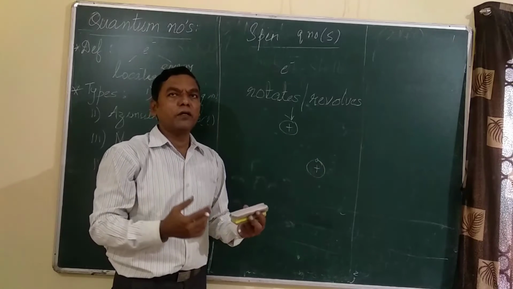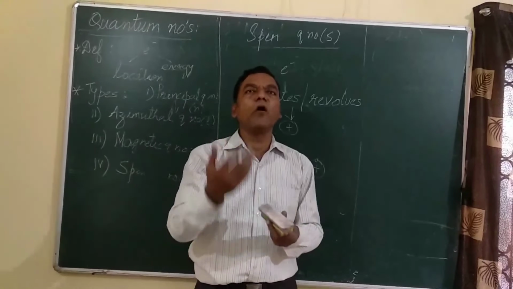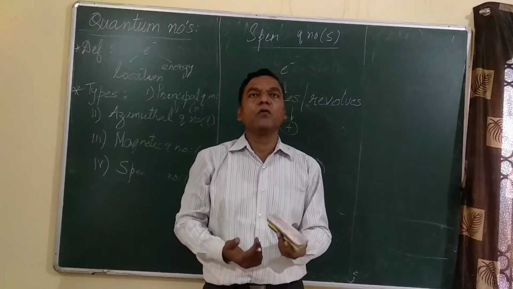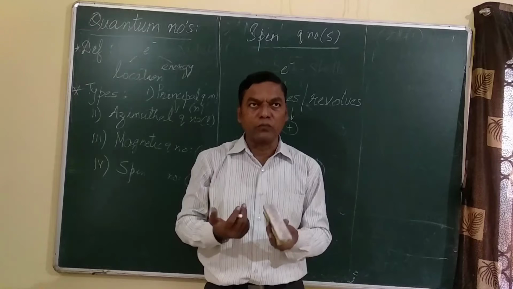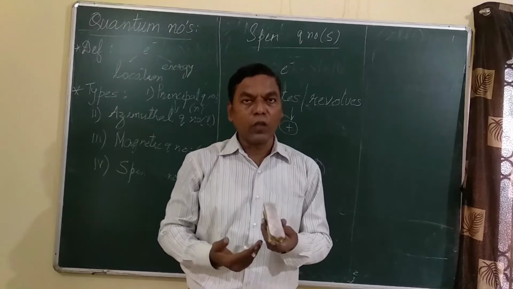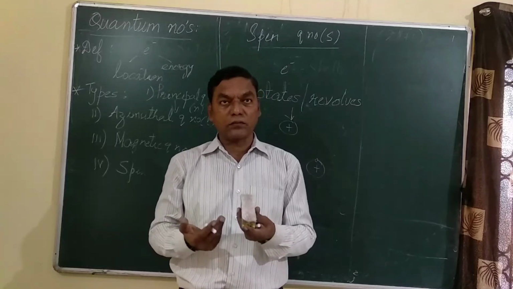So for example, we know that our planet Earth is moving on its own axis. Similarly, here also we have to assume that the electron is revolving or rotating around its own axis.